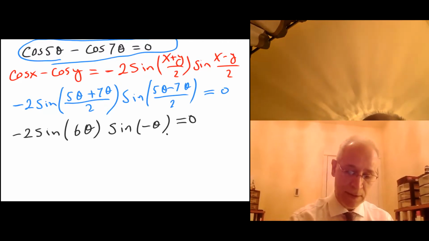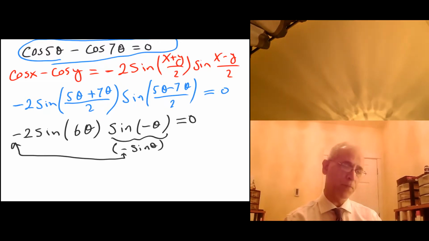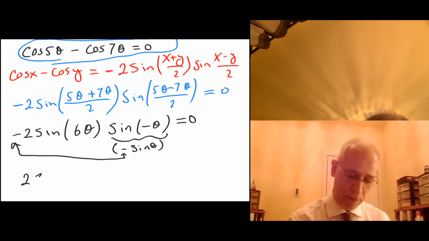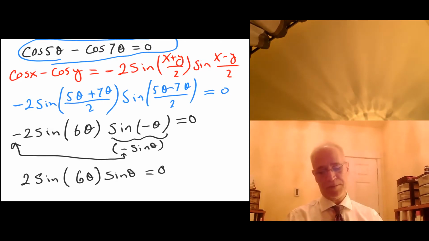So I can replace this by minus sine of theta and then multiply this negative sign with the negative in front. That means I'm going to have 2 sine of 6 theta sine of theta equals 0.